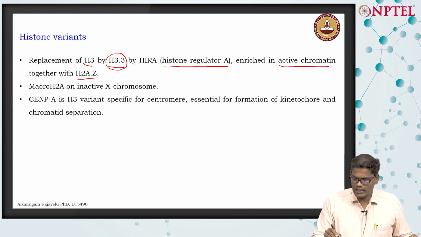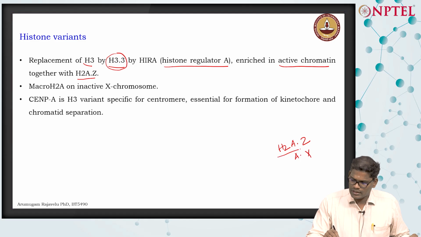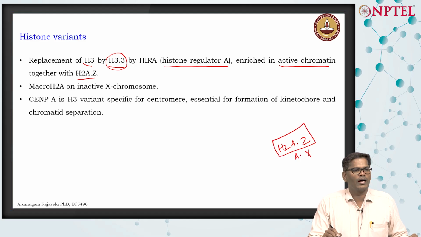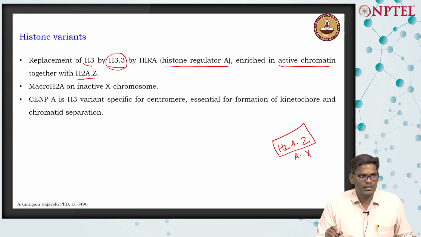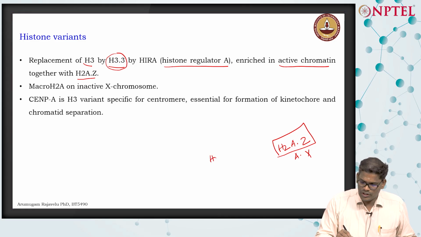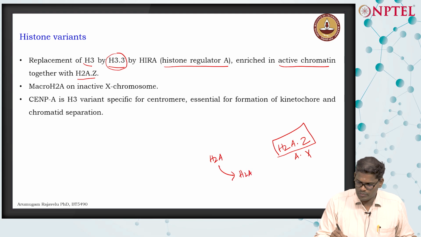I said there were two variants of H2A, A.Z and A.X. A.Z is a euchromatin histone. That means actively transcribing genes will have H2A.Z in place of H2A. So basically this is the euchromatic histone.